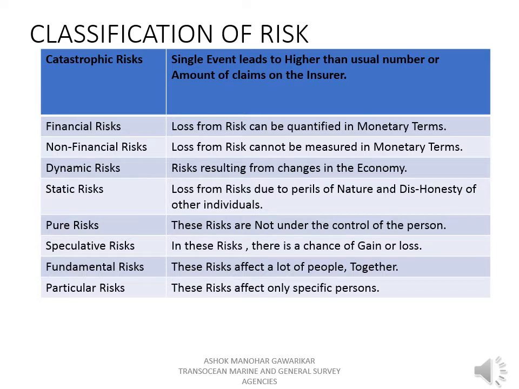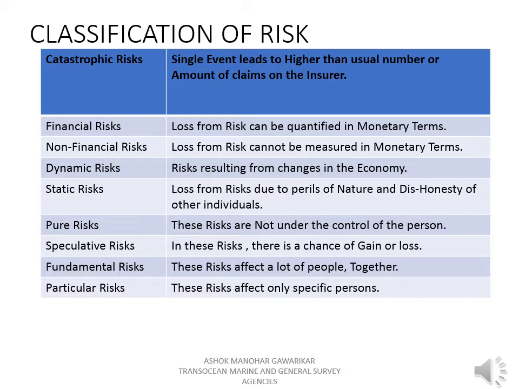The first and foremost is catastrophic risk. Now, what is cat risk or catastrophic risk? This is basically a single event, for example cyclones or earthquakes. When there was an earthquake, a single event, there were a lot of losses in Gujarat. In a single event, there was a flood, and there were a lot of losses in Mumbai and around Mumbai.